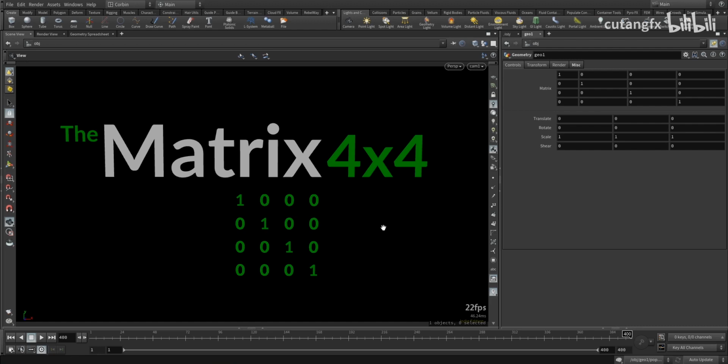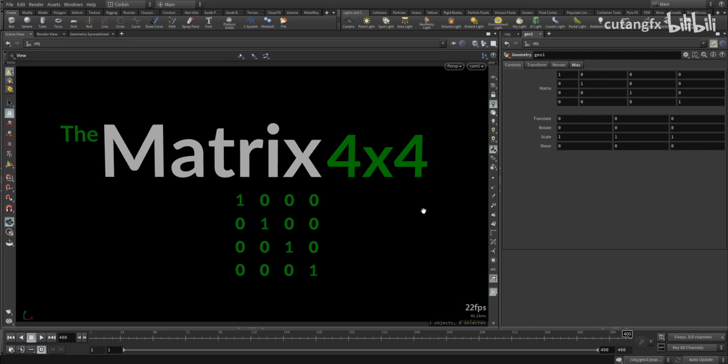Well, there is a very complicated mathematical pattern of how those numbers get input into a matrix, and we are not going to be covering the maths behind it really, because there's no point. You never need to do it in Houdini, and so we're not going to be looking at how to do it manually, but rather how to use the tools that Houdini has in place for us to work with matrices.